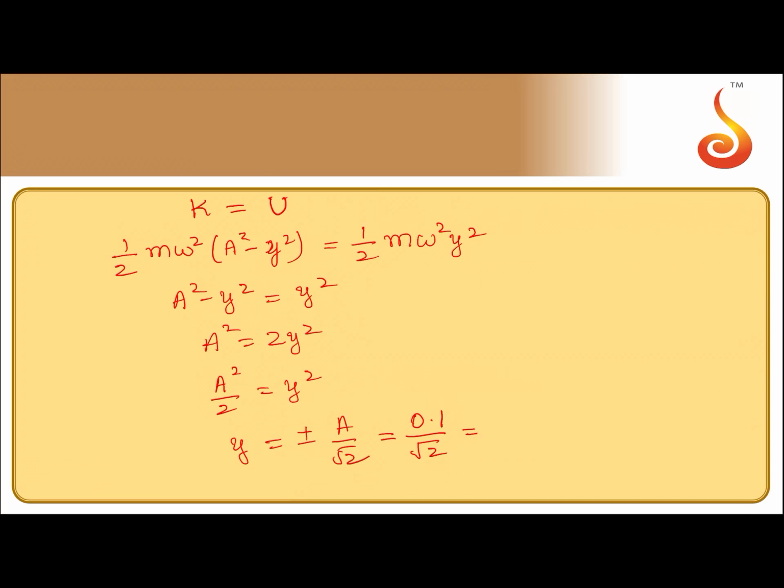So options are not there. So we can multiply and divide by root 2, then it will be 0.1 root 2 divided by 2. So 0.1 by 2 is 0.05 into root 2 meters. So that will be option C.